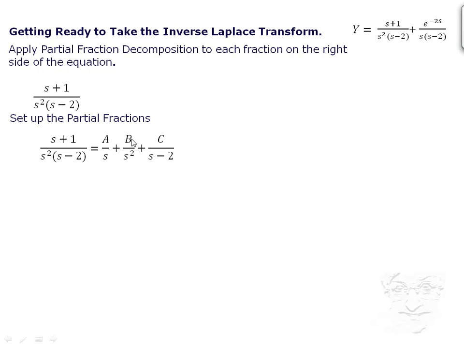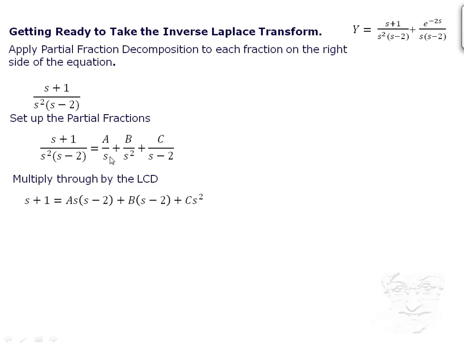Our goal is to solve for a, b, and c so that this is a true statement. You can do that by multiplying through by the common denominator, which is s squared times s minus 2. That'll cancel out the denominator on the left side to leave you with s plus 1.